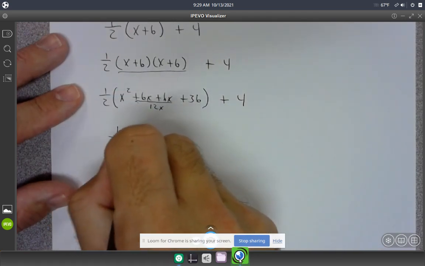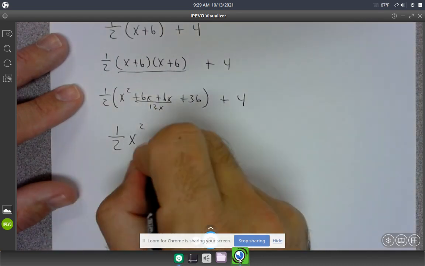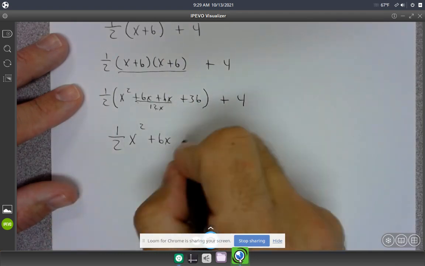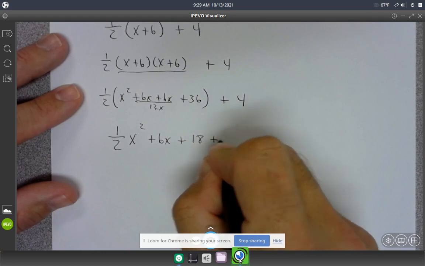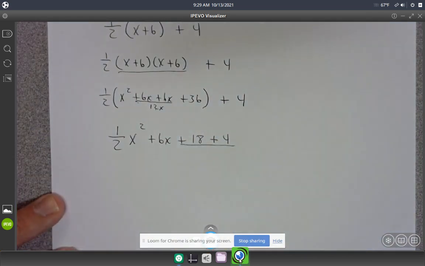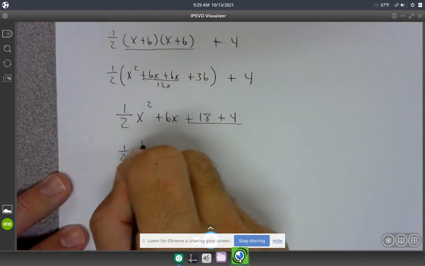So I get 1/2 x squared, and then the 1/2 times the 12 will give me a 6x. 1/2 times the 36, that'll give me 18. Okay. And then the last thing to do is combine those two terms, and that'll be a 22, and that'd be it.